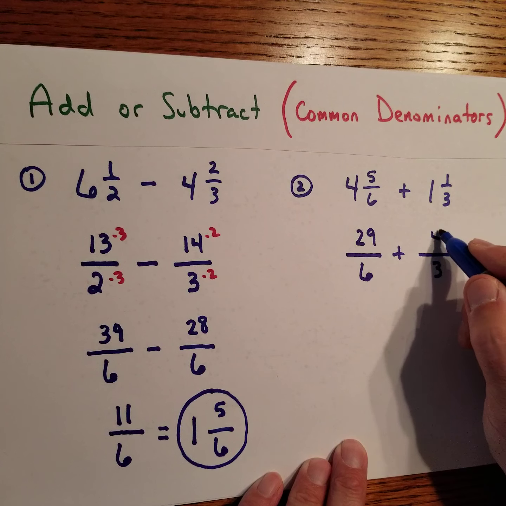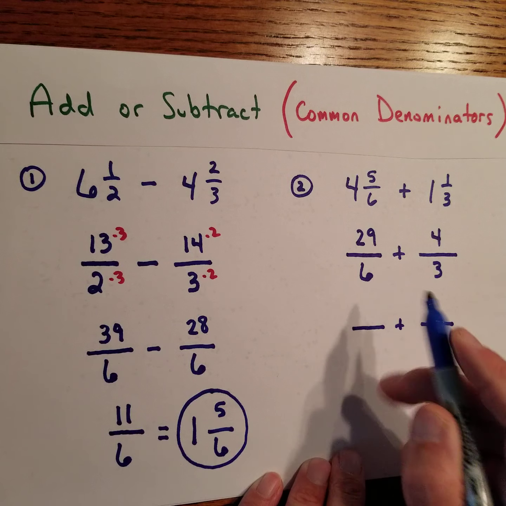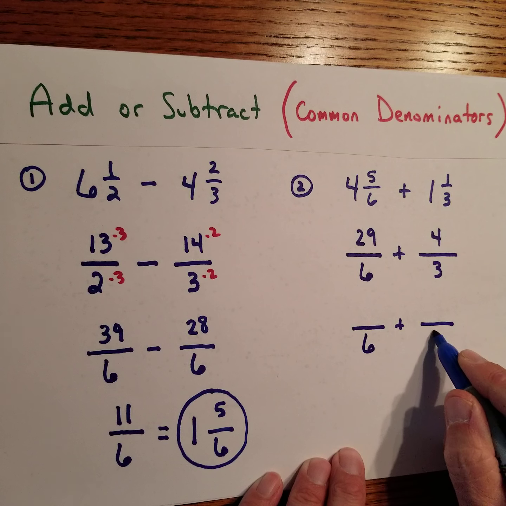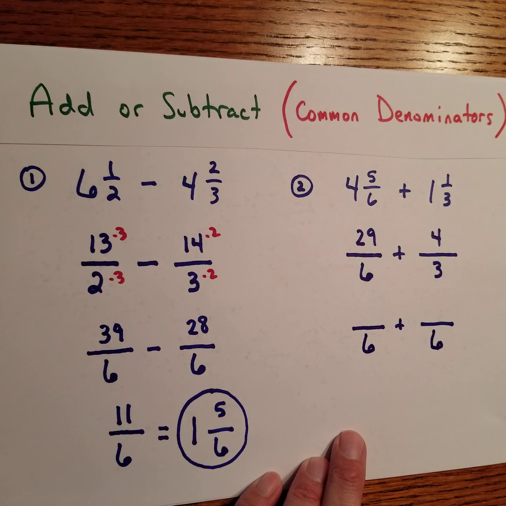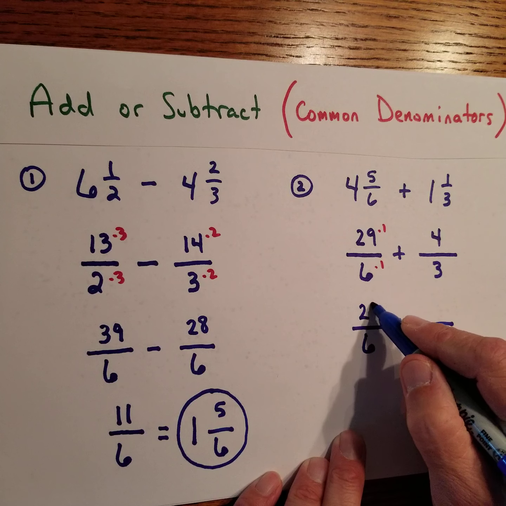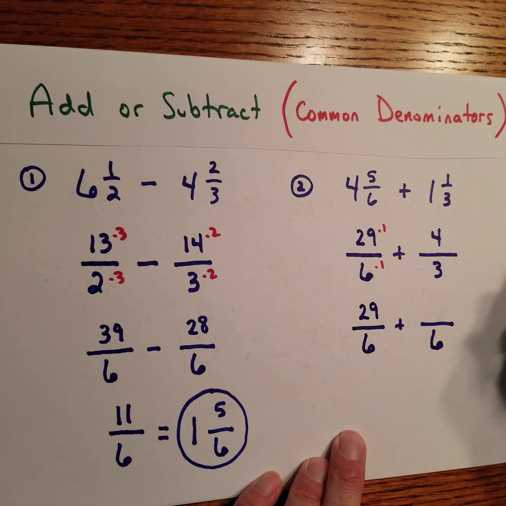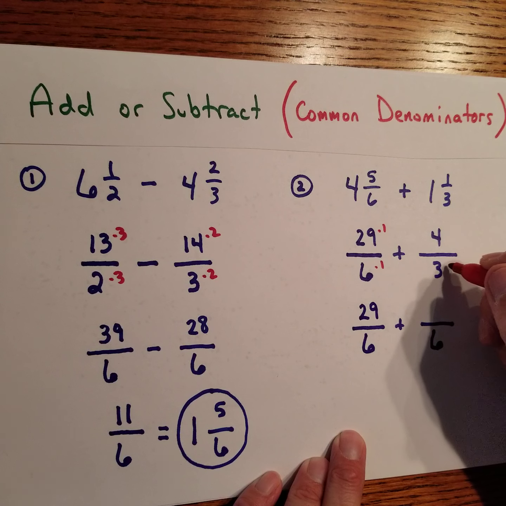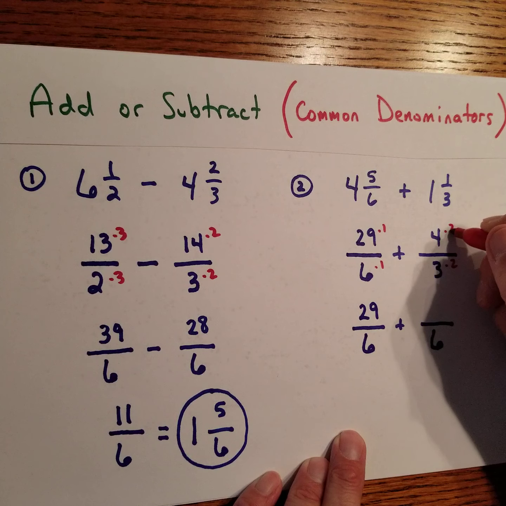Well, this time I noticed that the small denominator divides evenly into the big denominator, which makes the big denominator a good common denominator. What do you multiply times 6 to get itself? Is 1. And what do you multiply times 3 to get 6? Is 2.